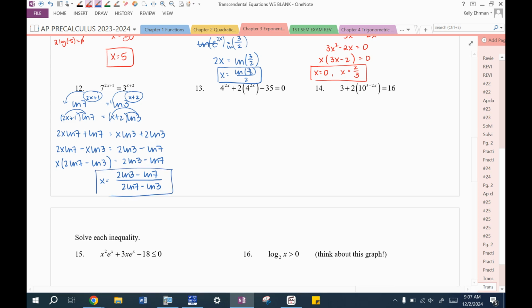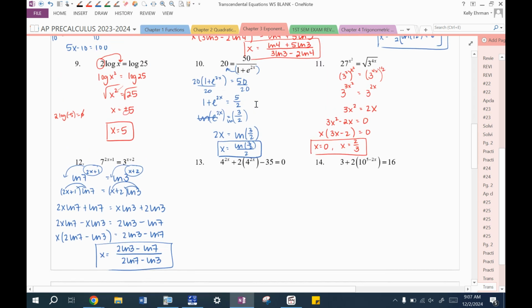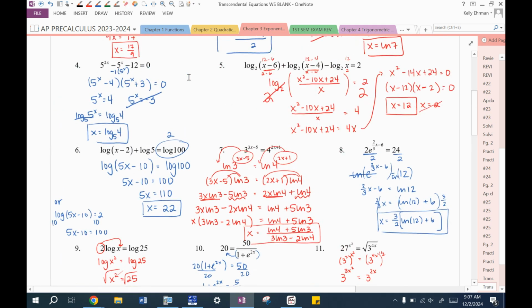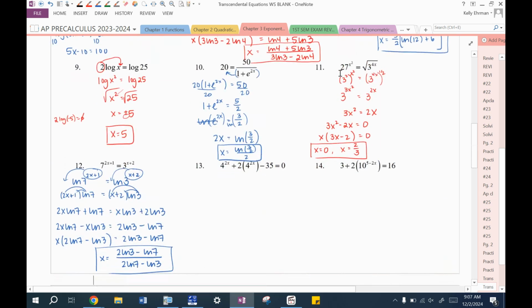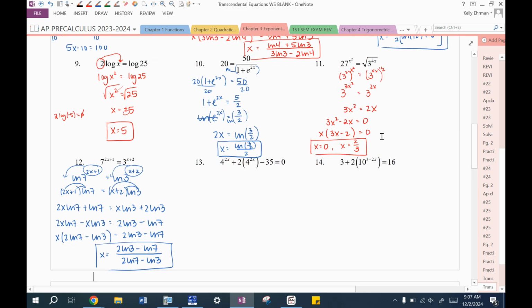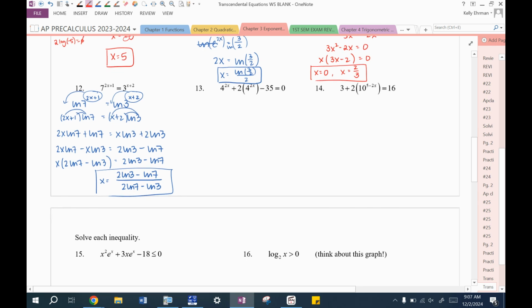All right. Number 13 is just like number 4 and number 3. It's a factoring problem. It's a trinomial. Okay? So this is supposed to say 4 to the x, by the way, in the middle. So break 4 to the 2x into 4 to the x and 4 to the x.